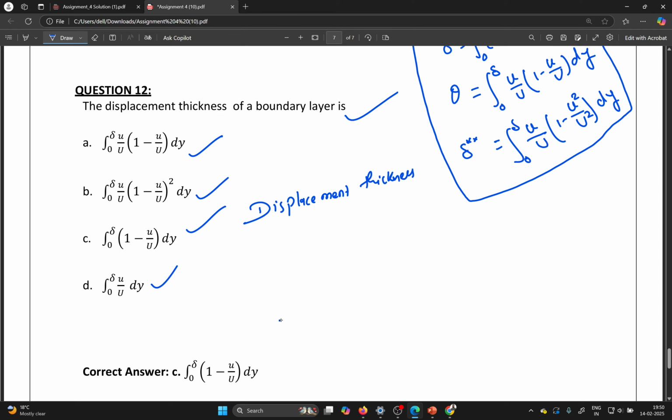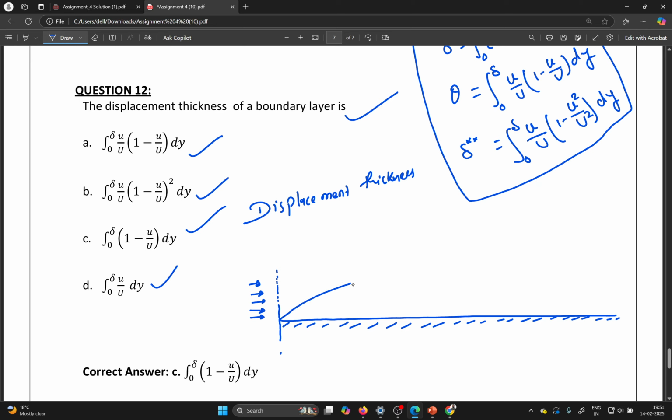Actually let us assume a flat plate. As fluid is entering here, your boundary layer will form like that.